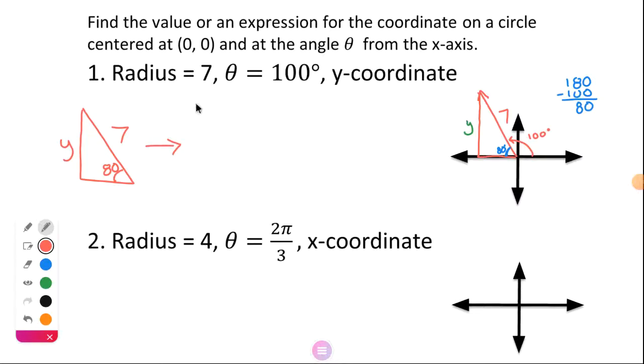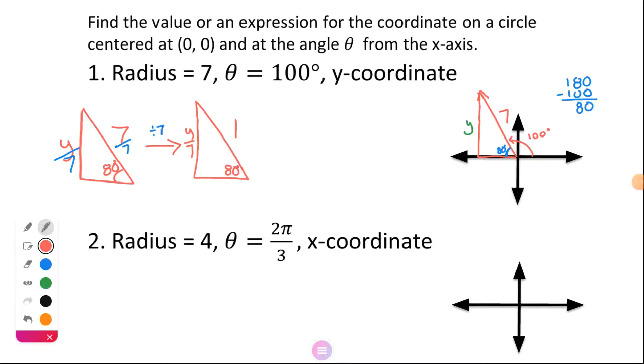So we're going to create a new triangle that's proportionate to the one that we have, still with 80 degrees here at the right side, but we need this hypotenuse to be 1. In order to get from 7 to 1 for our hypotenuse, we need to divide everything by 7. So 7 divided by 7 is 1, and y divided by 7 is our new value for the y-coordinate. So y over 7.